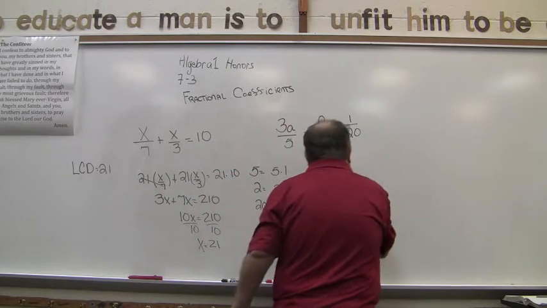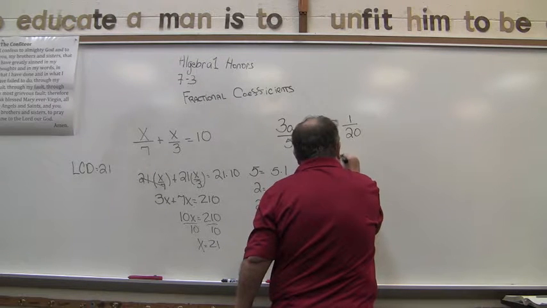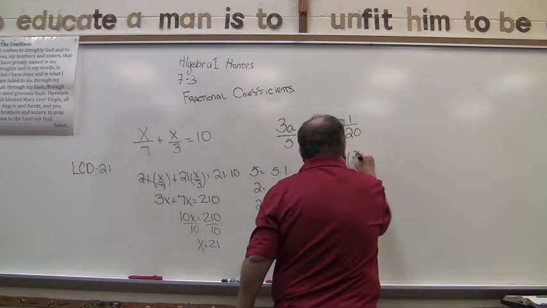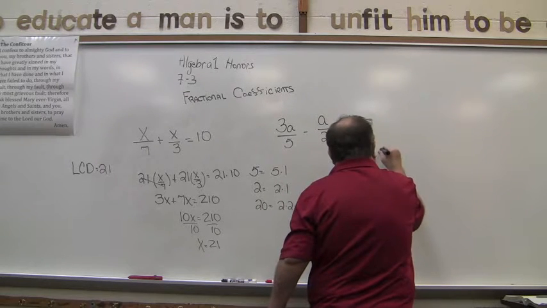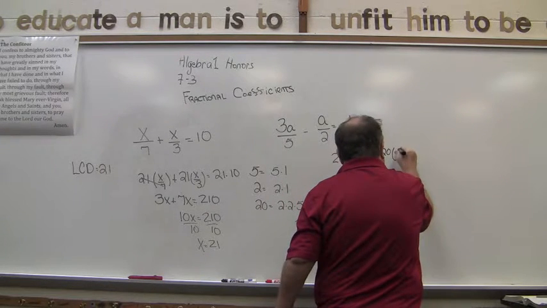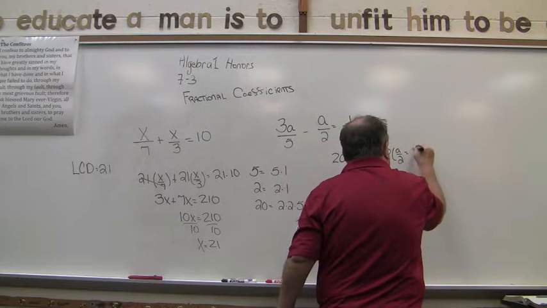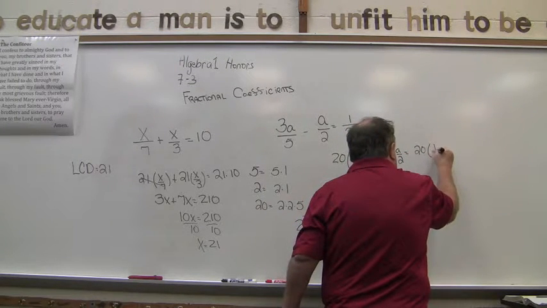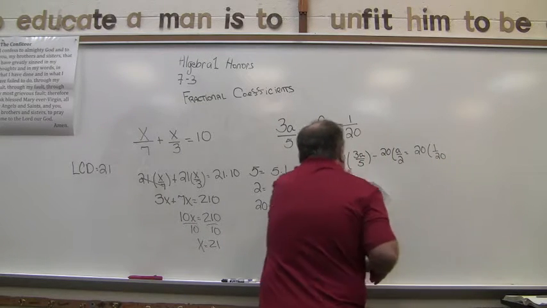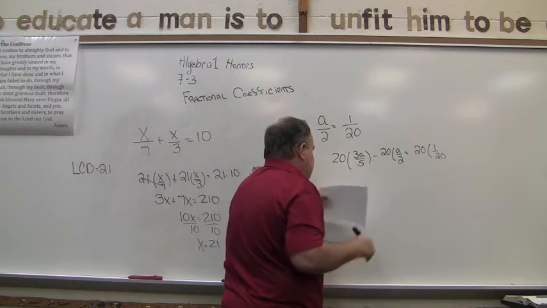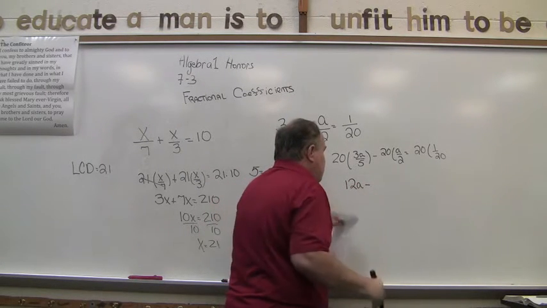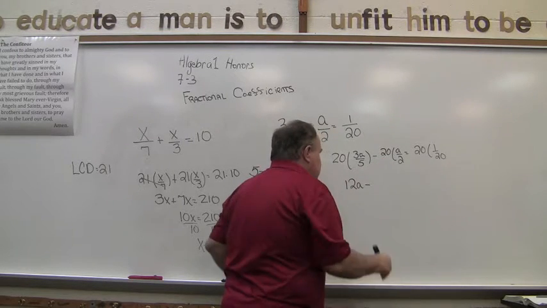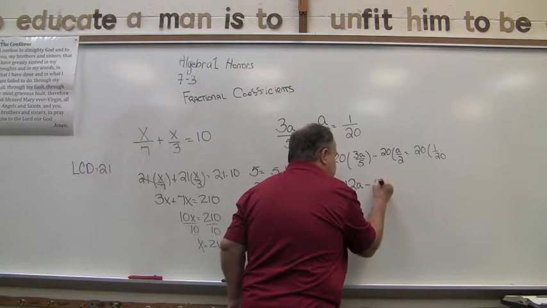I'm going to multiply every single one of my terms by 20. So 20 times 3a over 5, minus 20 times a over 2, equals 20 times 1 over 20. 5 goes into 20 4 times, so 4 times 3 gives us 12a here. 2 goes into 20 10 times, so we get 10a here.